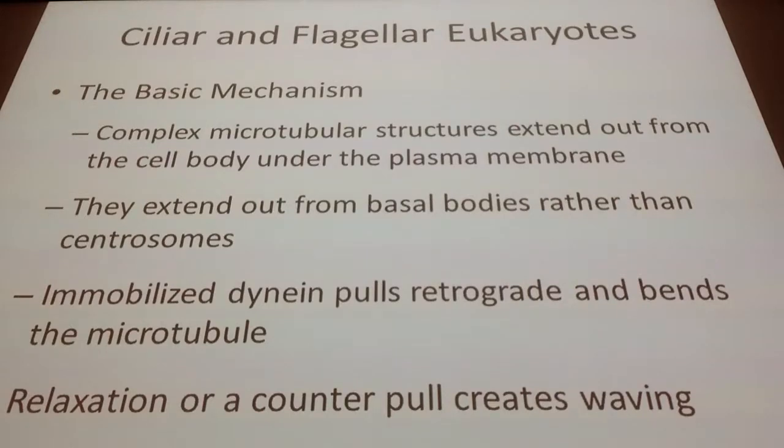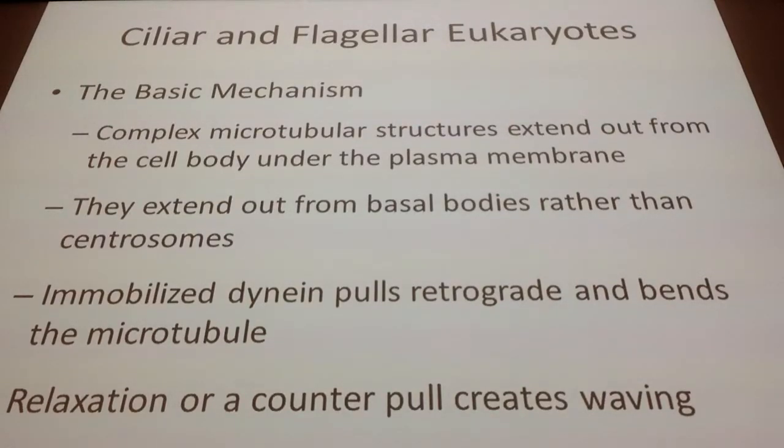It's actually fixed. So how does that work? If you have two microtubules like this, and the dynein is fixed, and it walks toward the minus end, guess what? What it does is that it bends the flagellum or the cilium to one side or the other, and that's why they whip around.